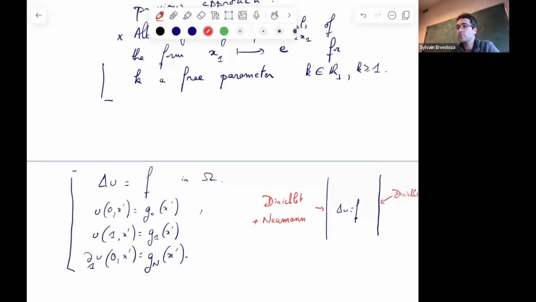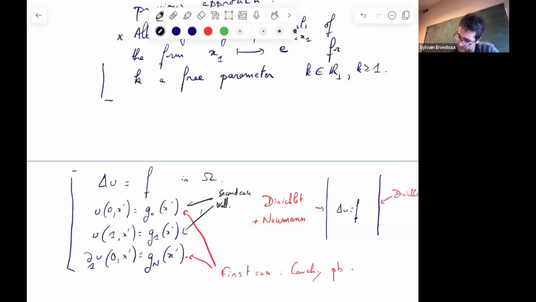So somehow these two correspond to the first case, to the Cauchy problem, and these two correspond to the second case where it is well put, where you have well posedness. Okay. And so we want to interpolate.